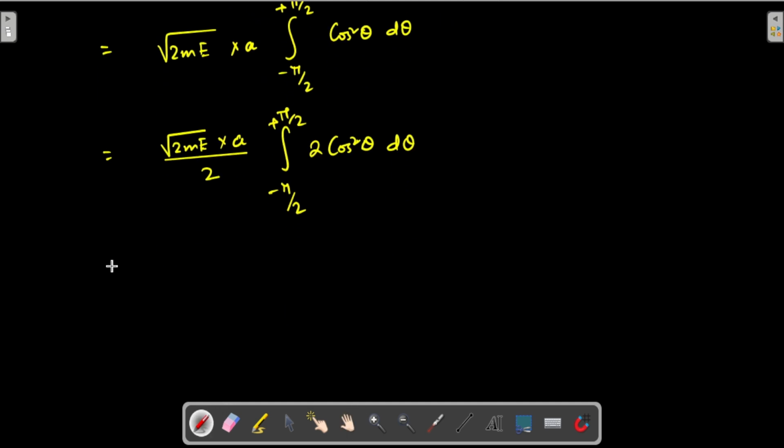As we know, 2 cos squared theta has a value by the trigonometric identity: 2 cos squared theta means 1 plus cos 2 theta d theta.